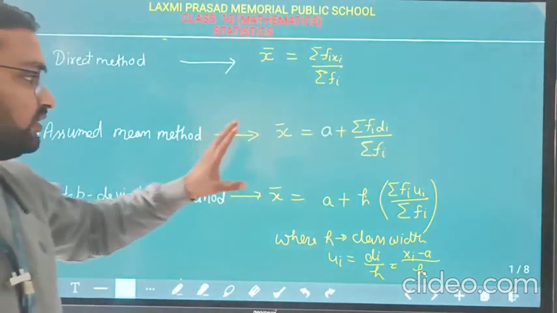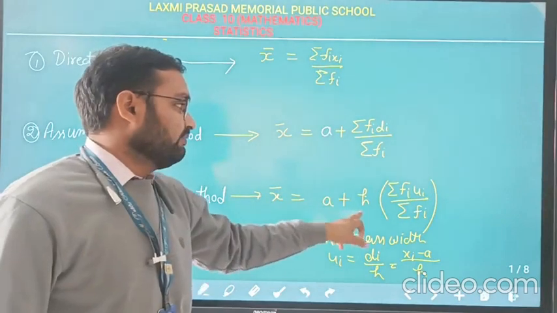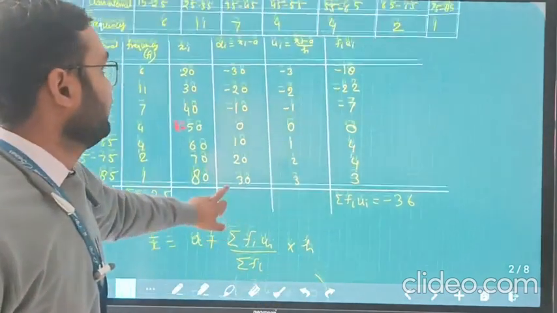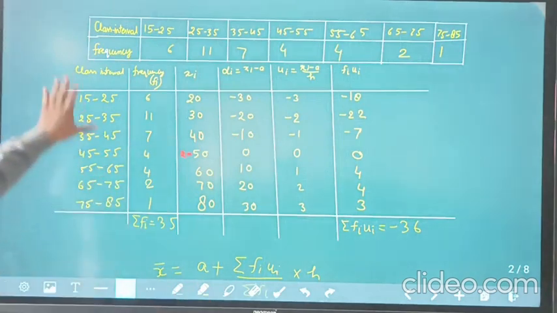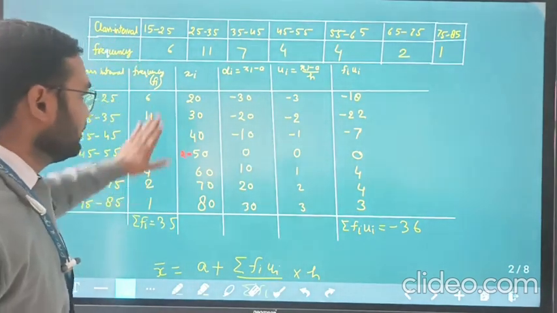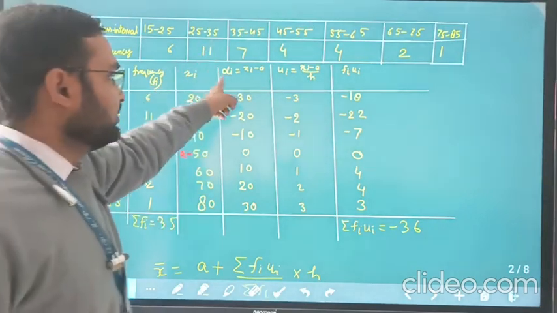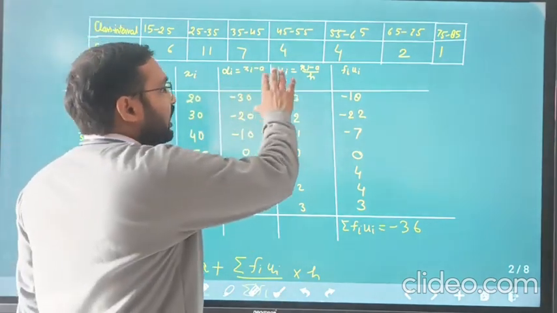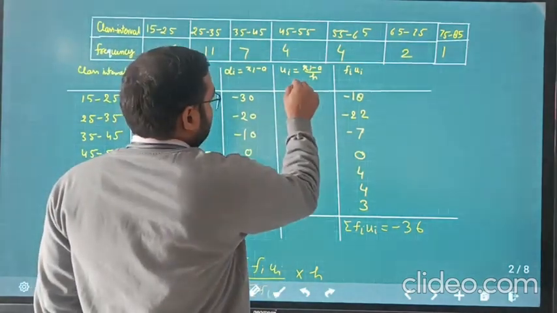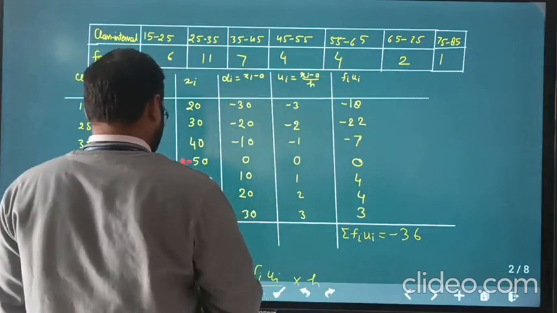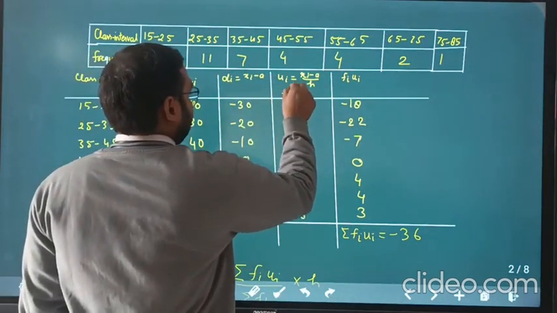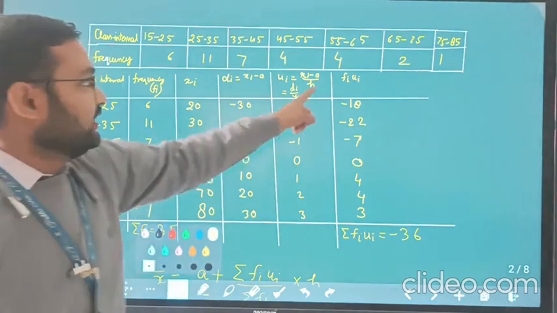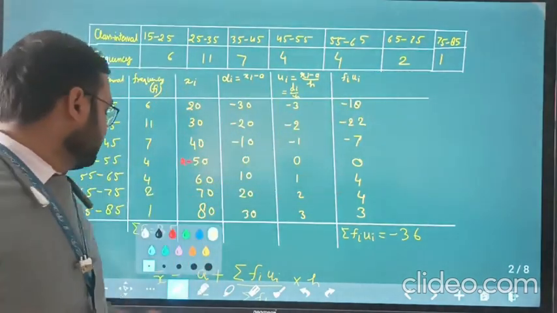In the step deviation method, we will use x bar is equal to a plus h sigma Fi ui upon sigma Fi, in which we have to maintain this table: the class intervals, the frequencies, the class marks, then di, the deviation, that is xi minus a, and after that ui, which is equal to di by h.